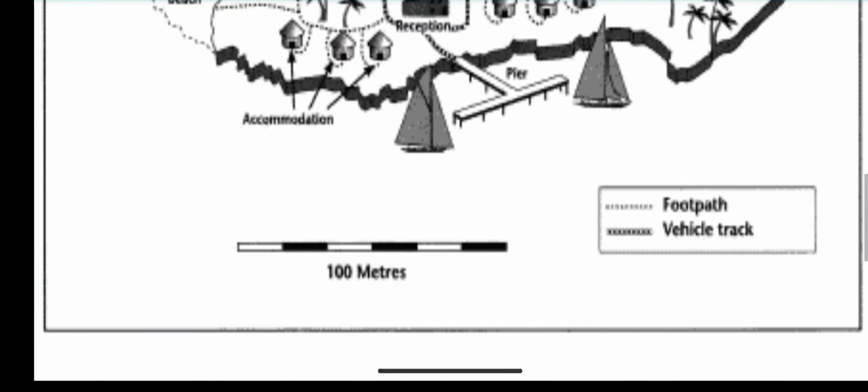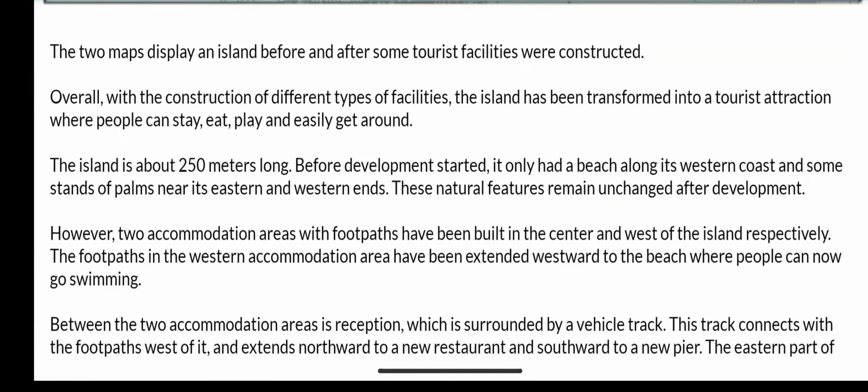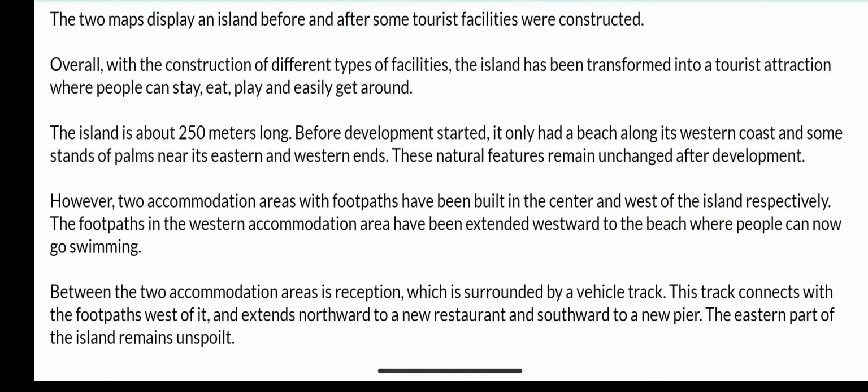Here you can start with: the two maps display an island before and after some tourist facilities were constructed. Overall, with the construction of different types of facilities, the island has been transformed into a tourist attraction where people can stay, eat, play, and easily get around.